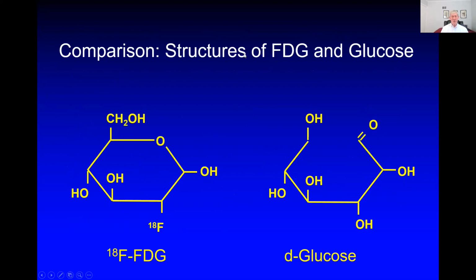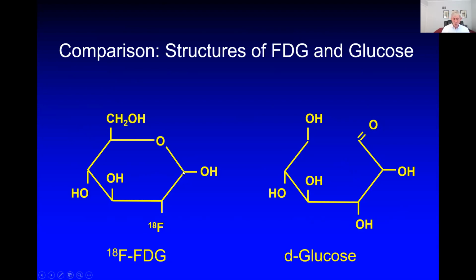And I wanted to show you the comparative structures of glucose and FDG. Please don't go memorizing these structures. That's not going to be a board question. Here's what might be. Why is glucose metabolizable and FDG is not? And we're going to see on the next slide the reason, but take a look.